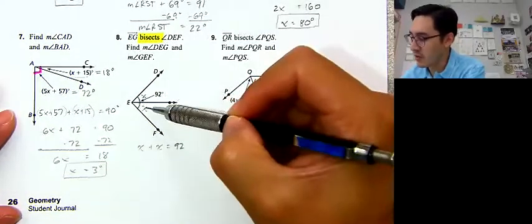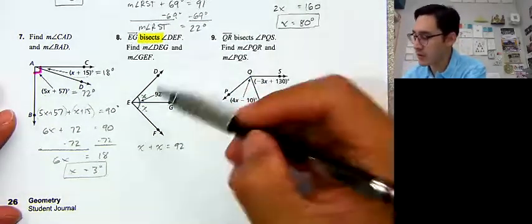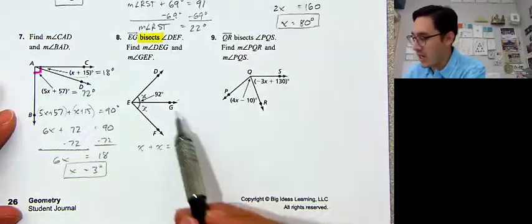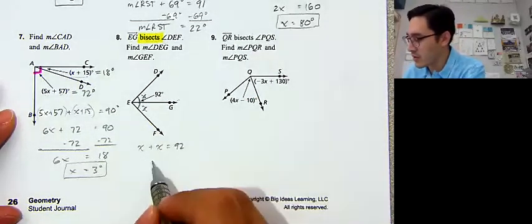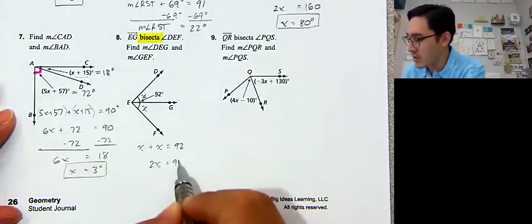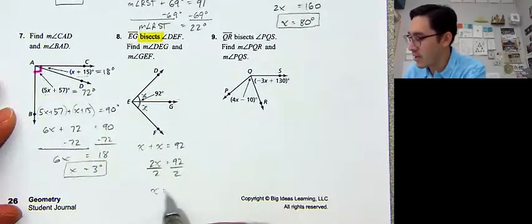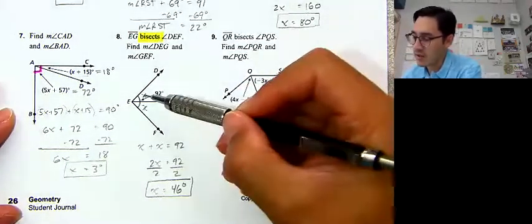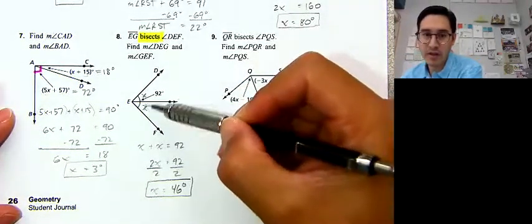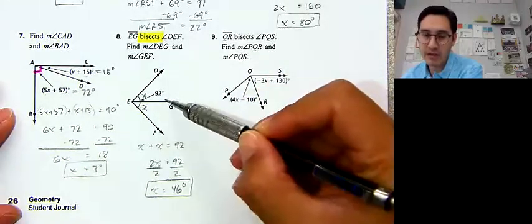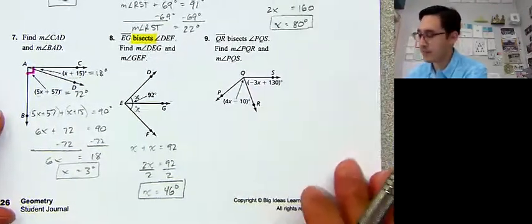I'm going to have two congruent angles, or two angles with equal measures, and they sum to 92 degrees. So 2x equals 92. Let's divide by 2. So x equals 46 degrees. Each of these smaller angles would be half of 92, so 46 degrees.